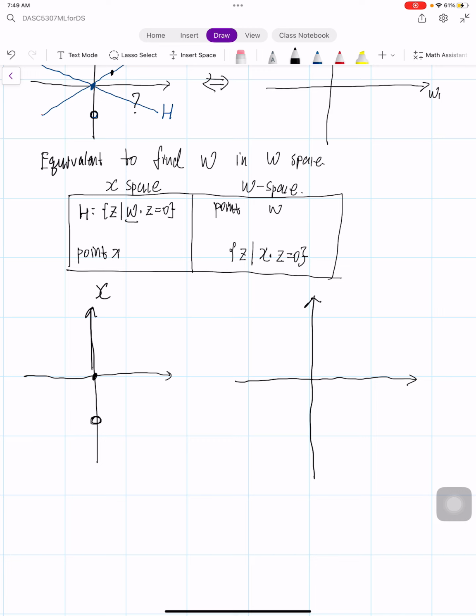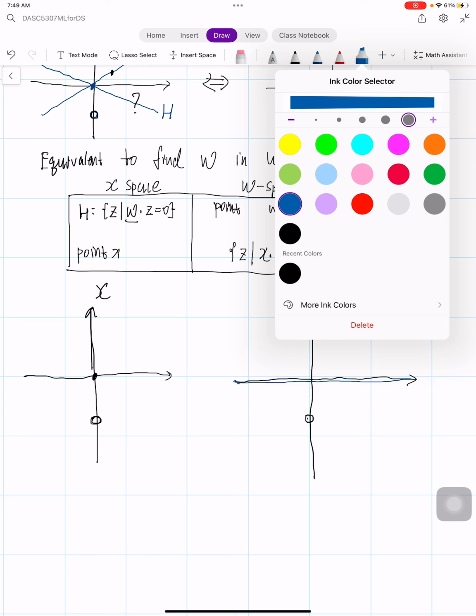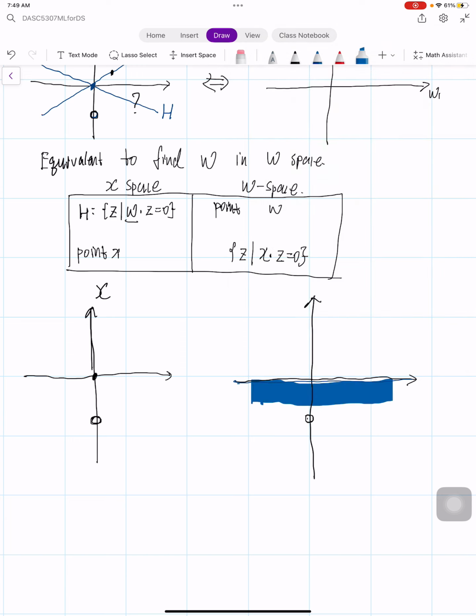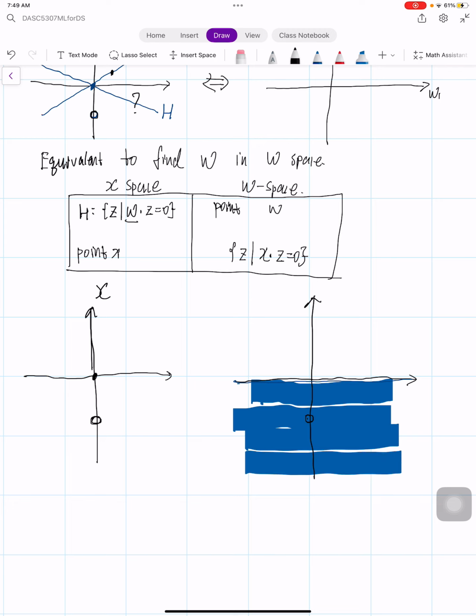Actually, it corresponds to a point in the xy space. Suppose we have a point here. All the omegas in this range can correctly classify the point, right? Think about it. If you have a point here, all the points in this region can correctly classify this point.